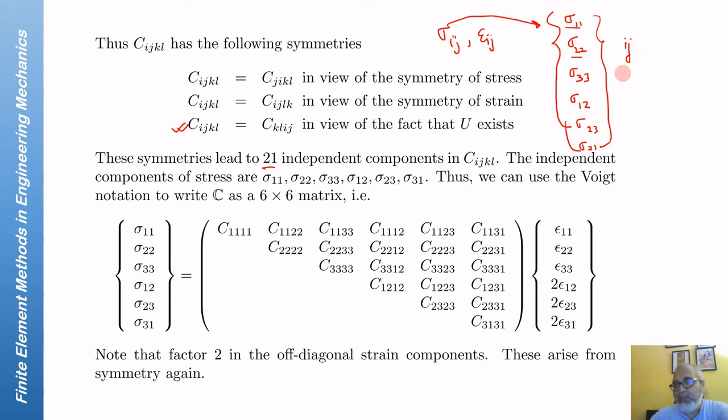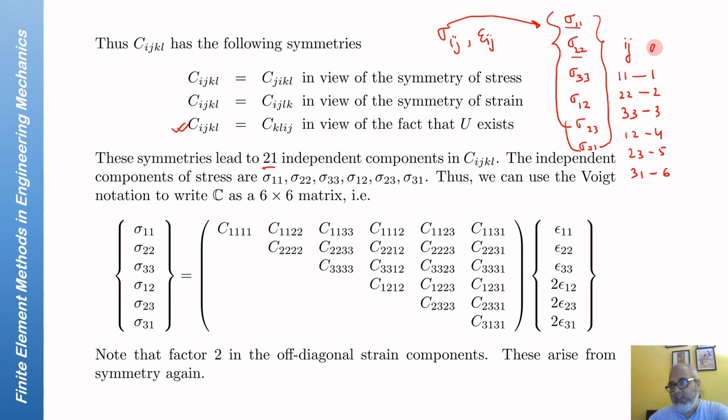The mapping that we decide here is 1 1 goes to 1, 2 2 goes to 2, 3 3 goes to 3, 1 2 goes to 4, 2 3 goes to 5, and 3 1 goes to 6. So these are all the stresses that we need. 2 1, 3 2, and 1 3 are just equal to these. Similarly, the strains would be mapped in the same way.